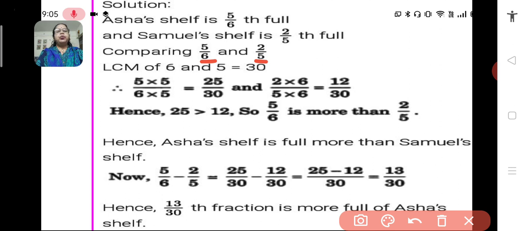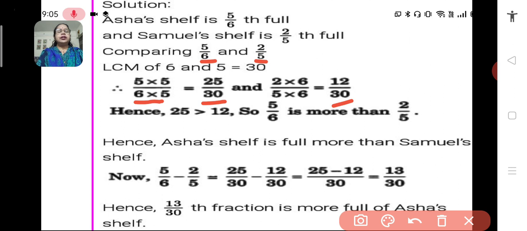So, we change both the fractions into equivalent fractions with denominator 30. So, 5 upon 6 becomes 25 upon 30 and 2 upon 5 becomes the equivalent fraction 12 upon 30. Now, we can compare these fractions. 25 upon 30 and 12 upon 30.